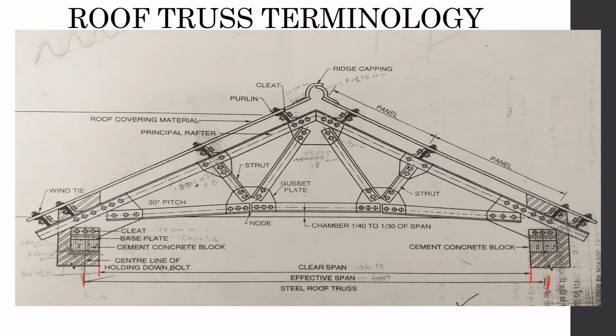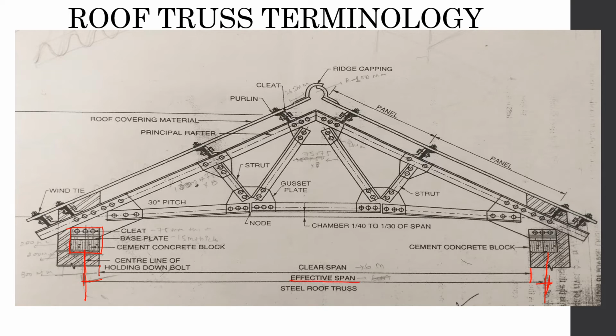As you can see, there is a difference between just placing the truss on the wall and having a separate support system for the truss. So they are taking its center on both sides and then taking the distance between the two, and that is the effective span.